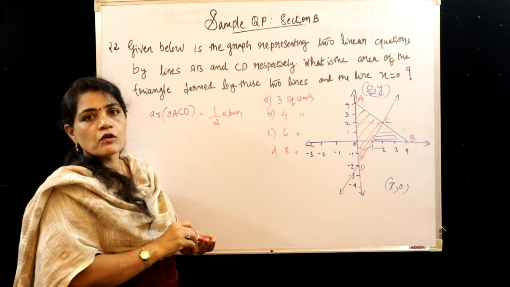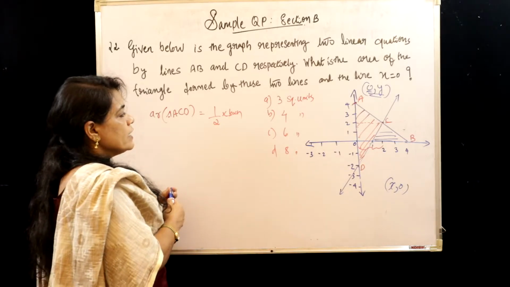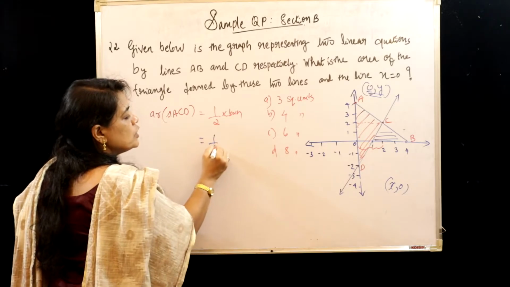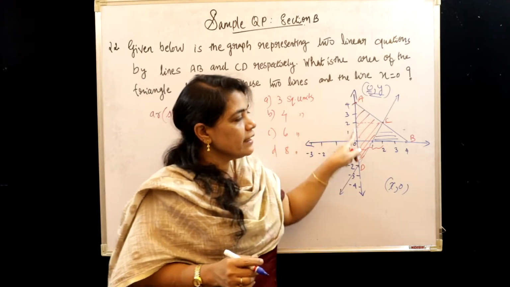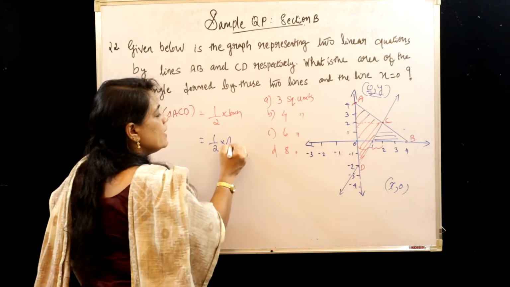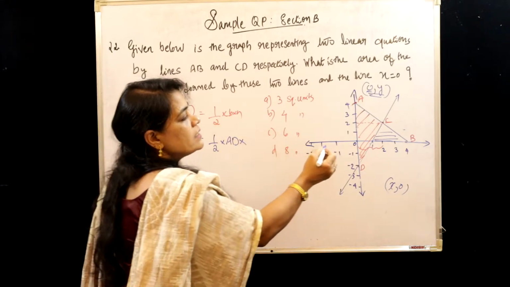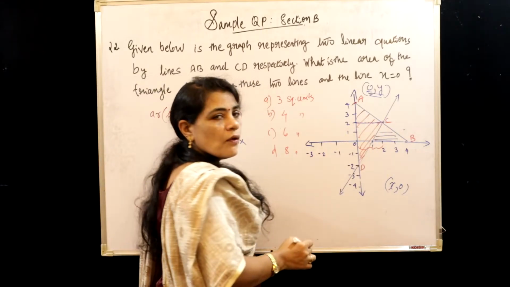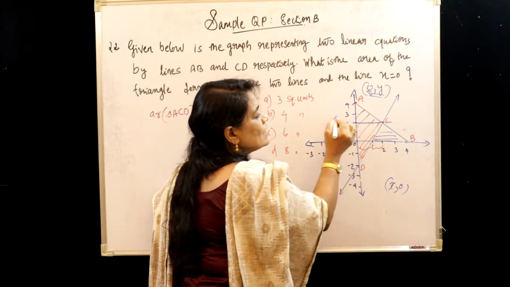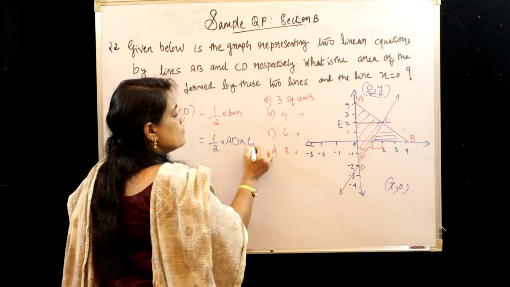So half into base into height. Half is a constant and the base we can count in units. Half into base AD into height. Height is this. If we represent this point with E, it is CE.